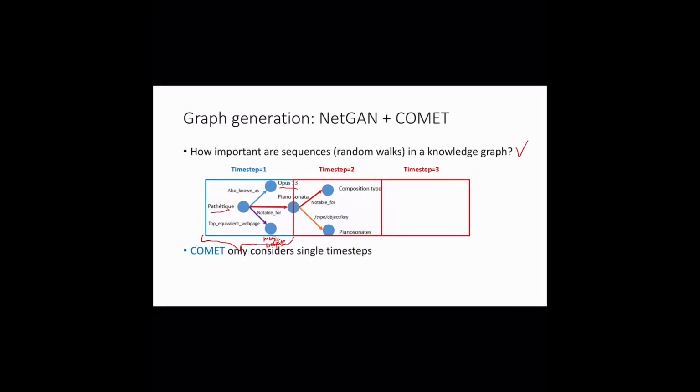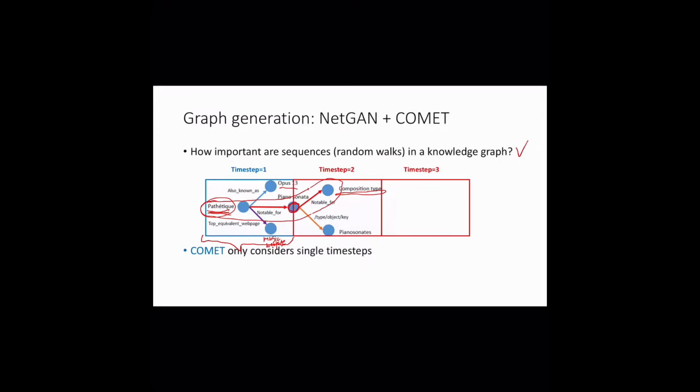Knowing the longer path would allow us to know about longer sequences of reasoning such as this one, that piano sonatas are a composition type. So for example, let's imagine our model is at this node and wants to generate the next edge in the path.